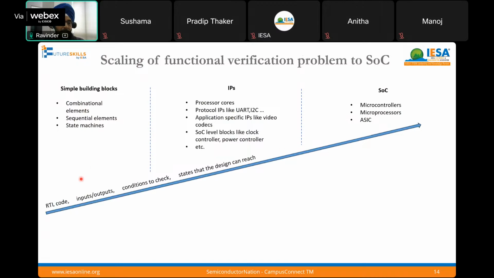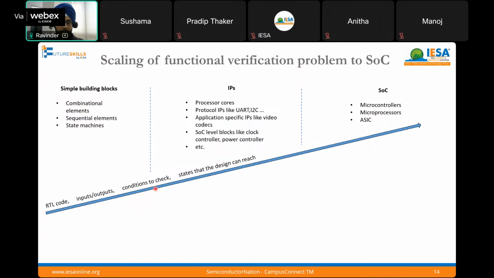So what is happening here is that we have RTL code. From a few lines of RTL code, we now have hundreds and thousands and lakhs of lines to deal with at the SoC. RTL code has increased. The number of inputs and outputs has obviously increased in an SoC compared to a simple IP.